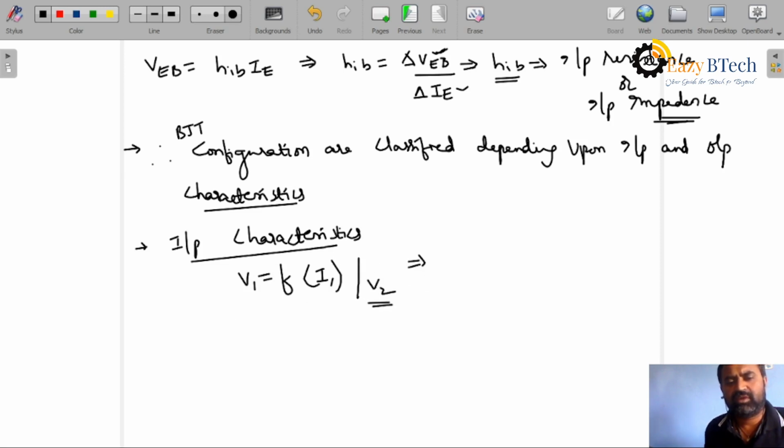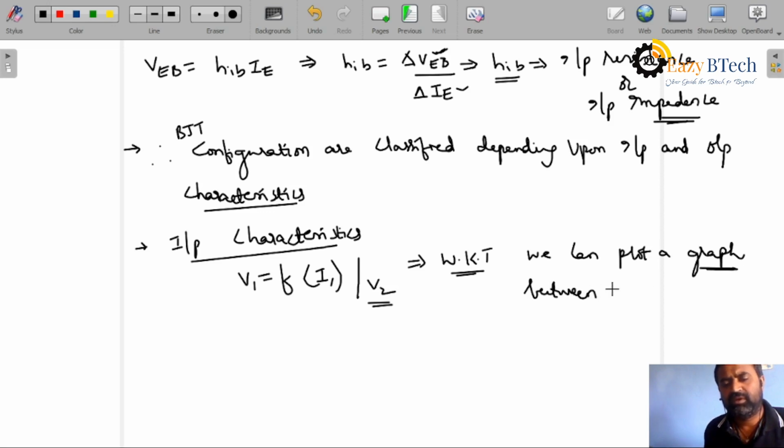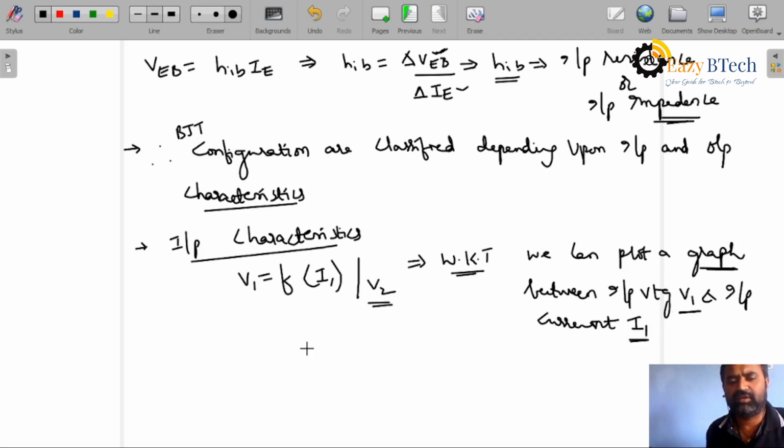It means we can plot a graph between input voltage V1 and input current I1 by keeping output voltage V2 constant.